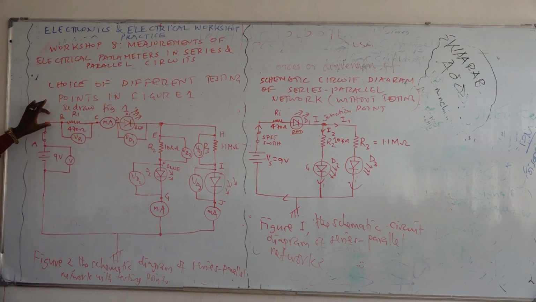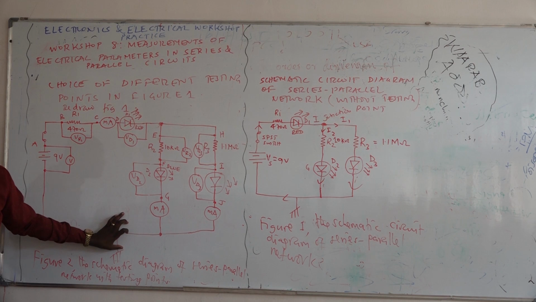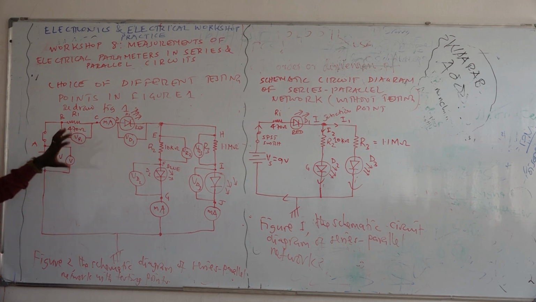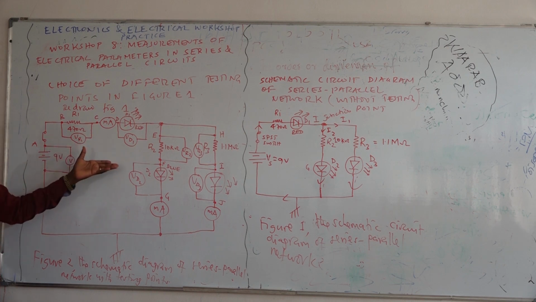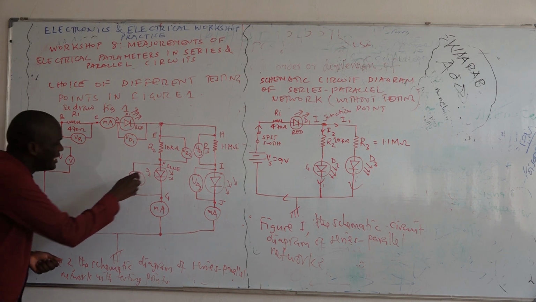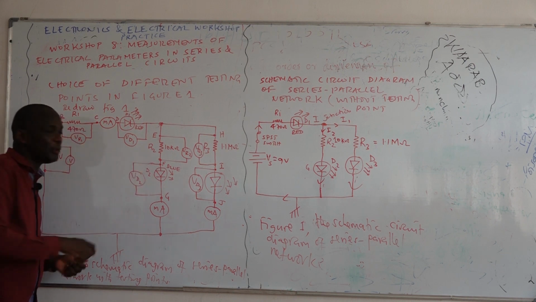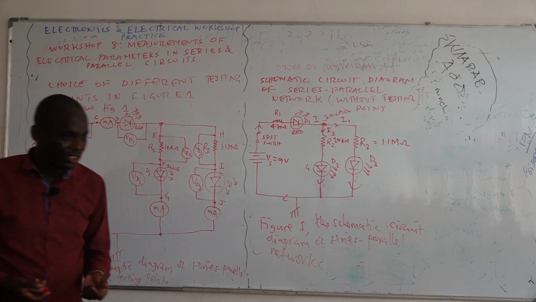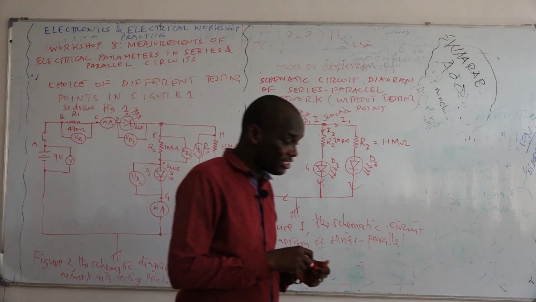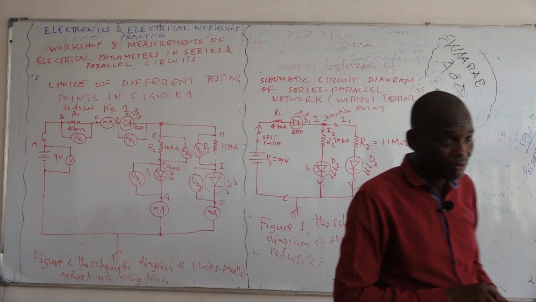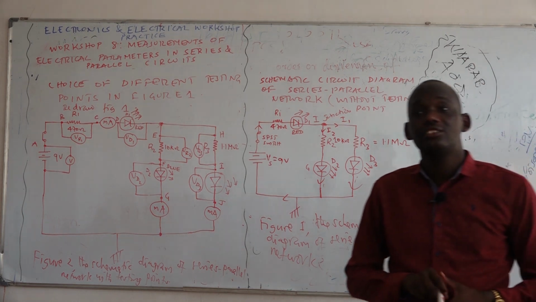You may put the milliammeter at this point, or at this point, or at this point. So when we say that we are connecting the milliammeter in series, we don't have a principle or guidance on whether we have to connect the milliammeter before the diode or after the diode. That's what Mavumba has said in brief. Right? Another question?